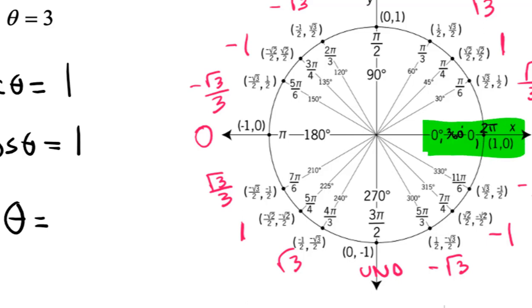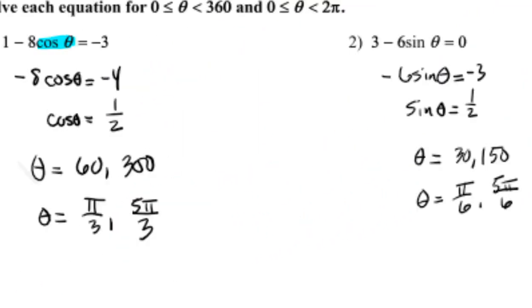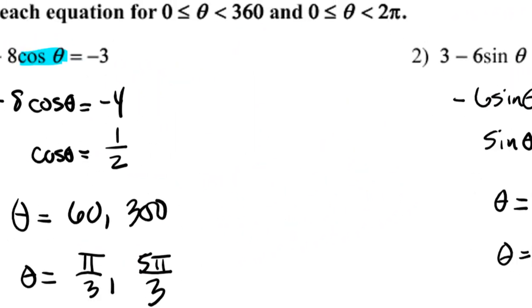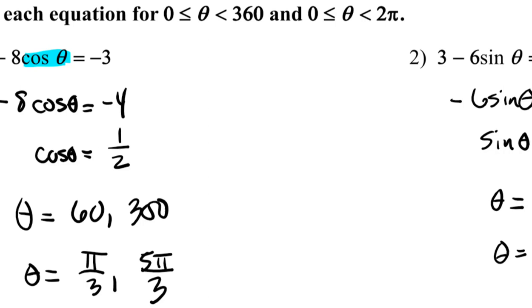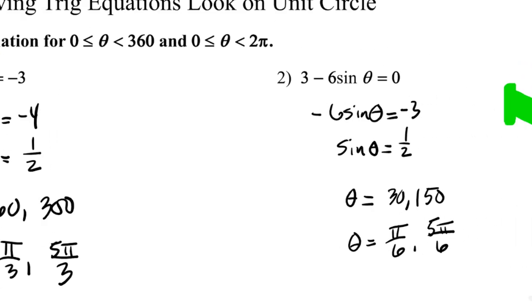So at 0, 360, 2 pi, and 0. So one of the things to be really careful about, you have to go back and look back at the directions, right? And the directions say 0 to 360, but the 360 doesn't count because of the inequality symbol. So 0 is less than or equal to theta is less than 360. So that means you've got to be really careful here.